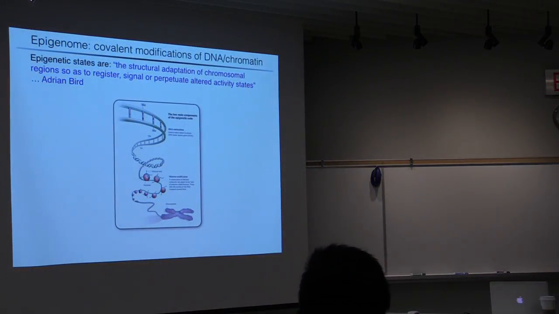Other than the microbiome, the epigenome, or epigenetics, is probably the most overhyped word. If you search the news stories, it's blame this on your epigenome, blame that on your epigenome.